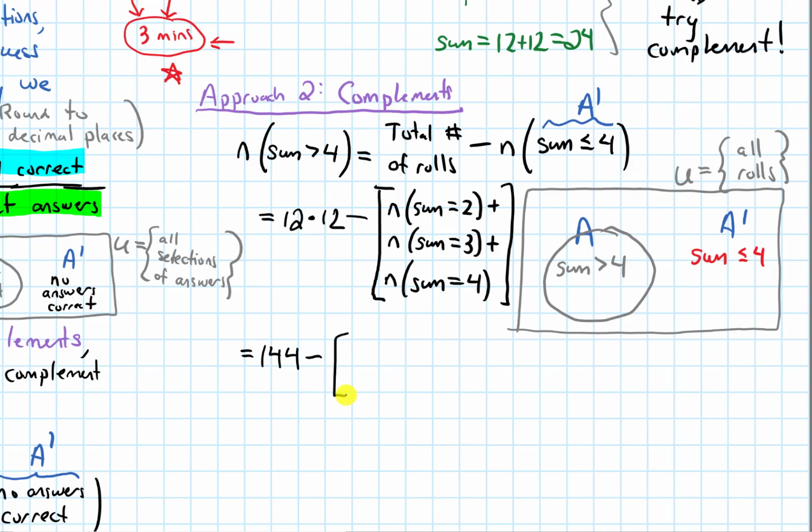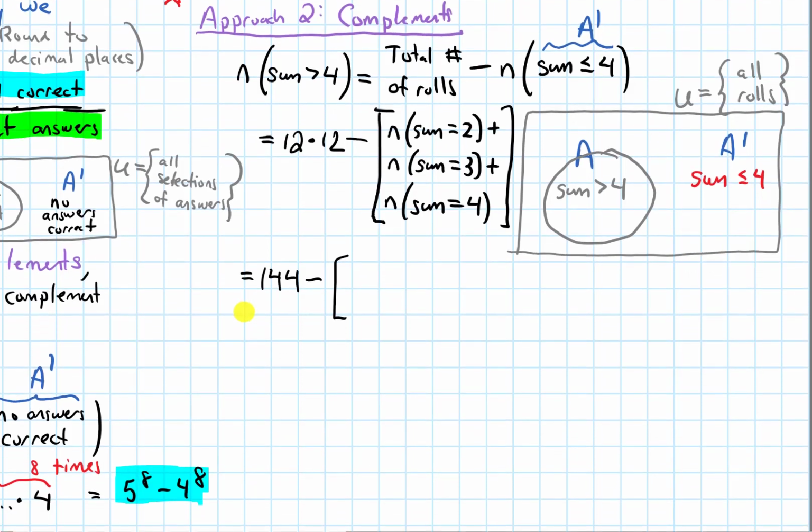And then minus, we have to count how many ways the sum can be 2, 3, or 4. Let's do that on the side here. I'll make a table of the sum and the rolls that give me that sum. The sum could be 2 only if the rolls are 1 and 1, if they're both 1.